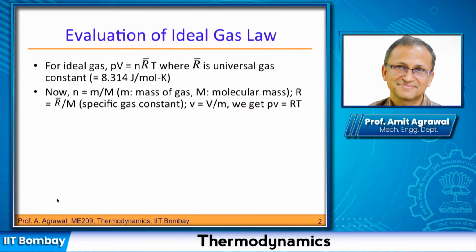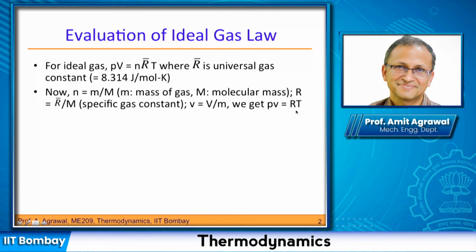And if you go with the basic definition that the number of moles of a gas is the mass of the gas divided by the molecular mass, and then you absorb the capital M with R bar and define a new R, which is R bar by M, and you absorb the small m in V. Then you are going to essentially eliminate this n altogether, and you are going to get PV = RT.